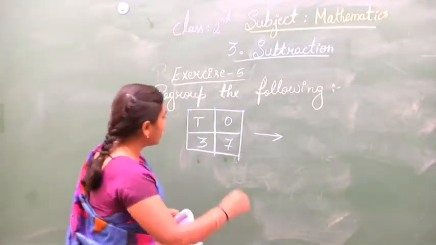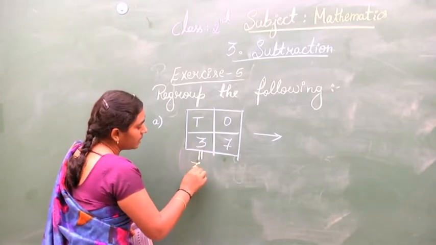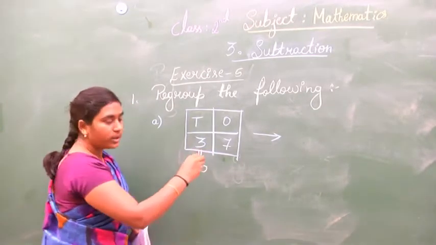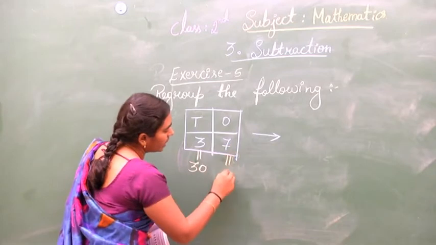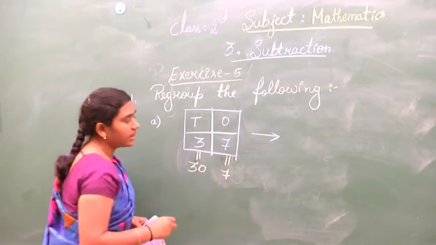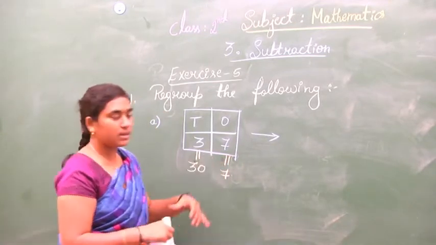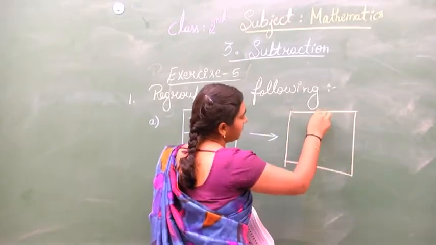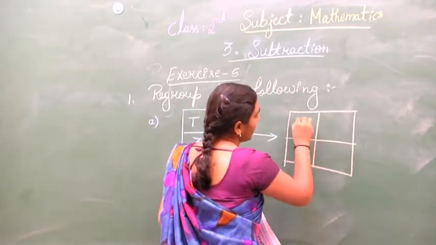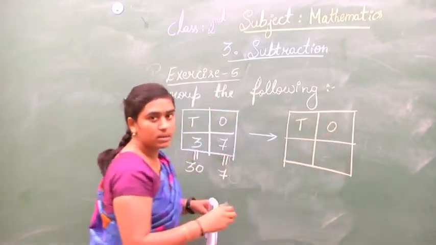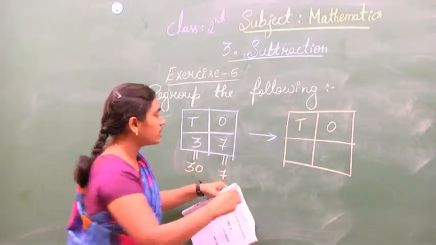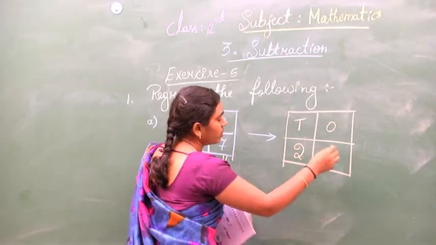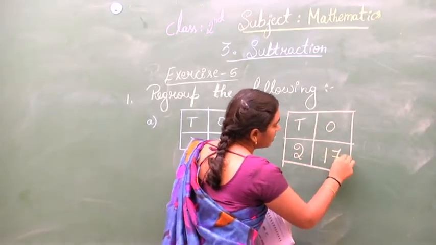3 tens is nothing but 30. That is 3 into 10, and 7 ones means it is 7. So we are regrouping it as tens and ones. We are shifting 10 to the ones place. So it becomes 2 tens and 17 ones.